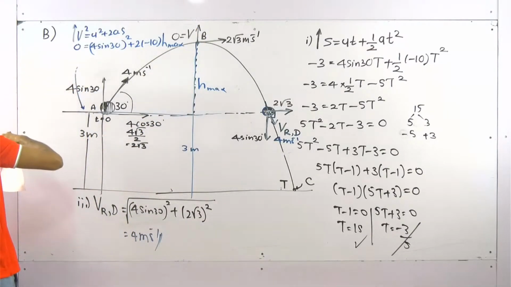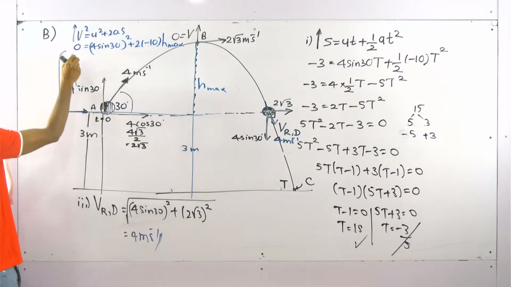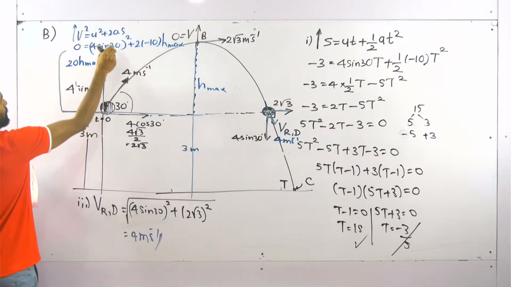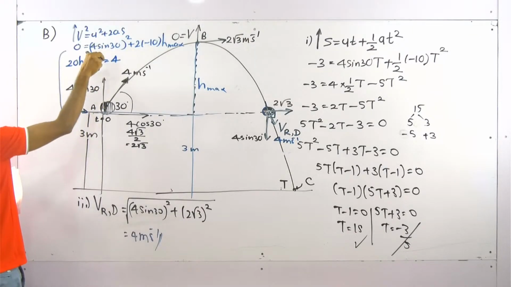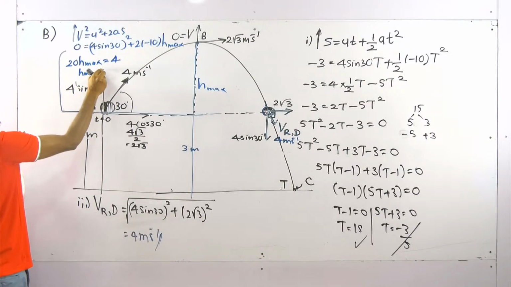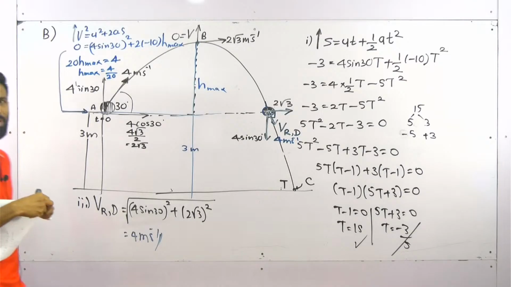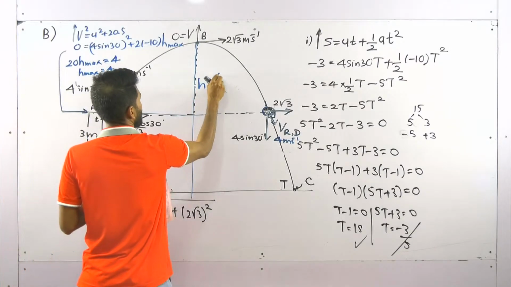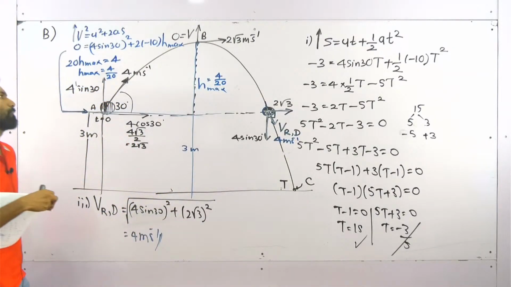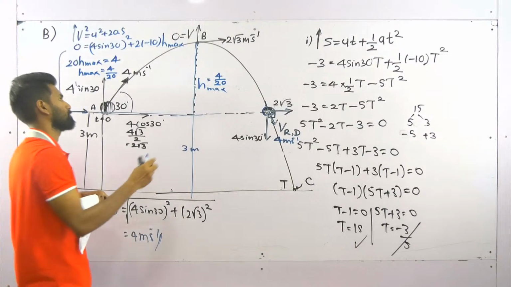So 20 h max equals (4 sine 30) squared. 4 sine 30 is 2, 2 squared is 4. So h max is 4 over 20, which means 0.2.